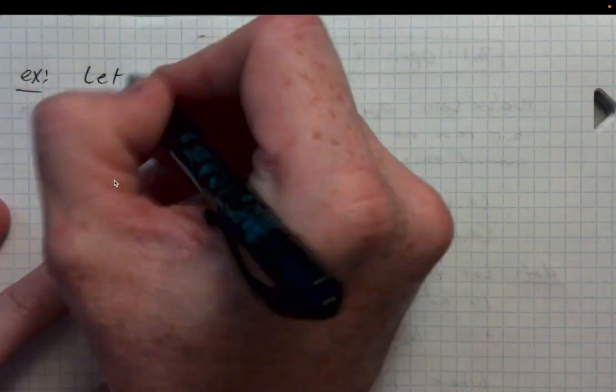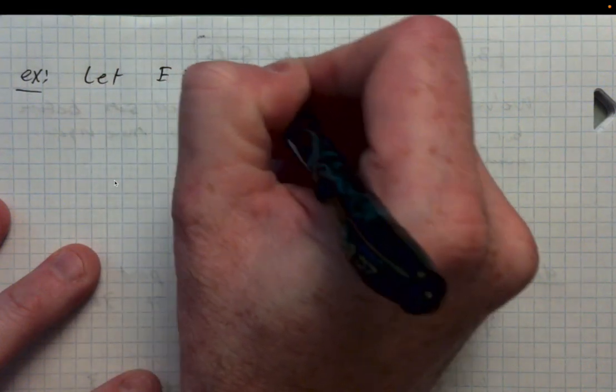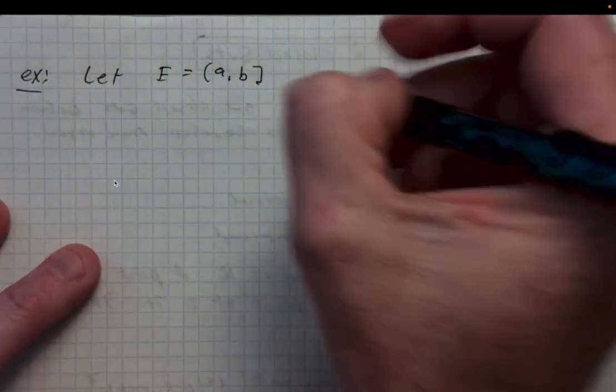Let's keep cruising. Here's another example, maybe a more straightforward one. I like that previous example, but it's not great for developing a picture of these things, and I think examples should do that as well. It is good to look at complicated examples, obviously, but sometimes you just want something a little simpler. Well, let E equal this interval A to B, right?